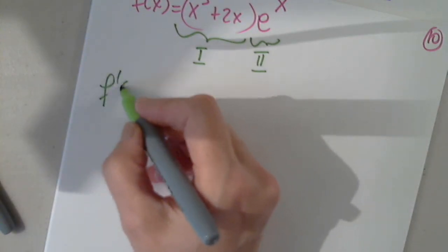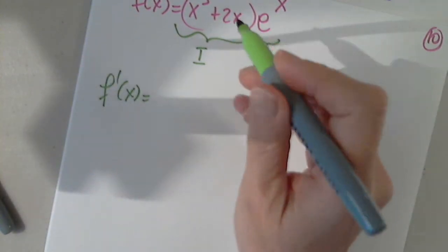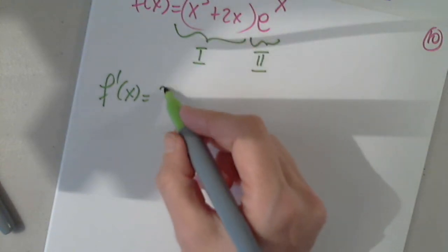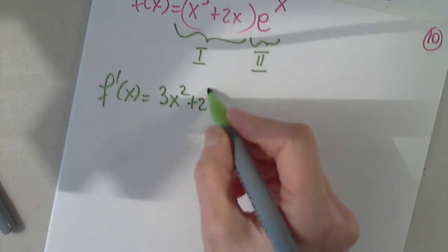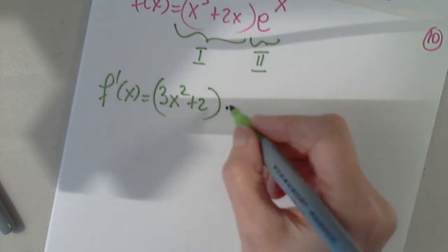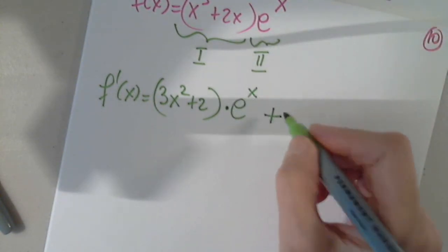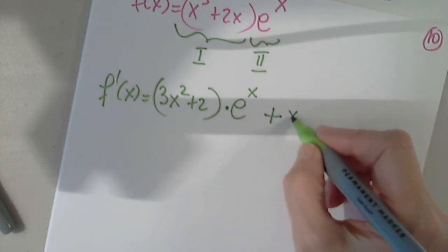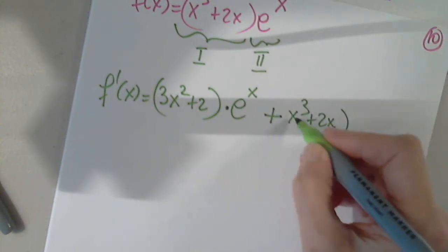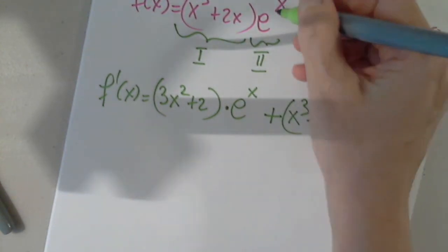So then when I differentiate, I have to differentiate the first function, which is 3x squared plus 2. I have to multiply it by the second function. I have to put plus. I copy the first function. And I multiply it by the second one prime.